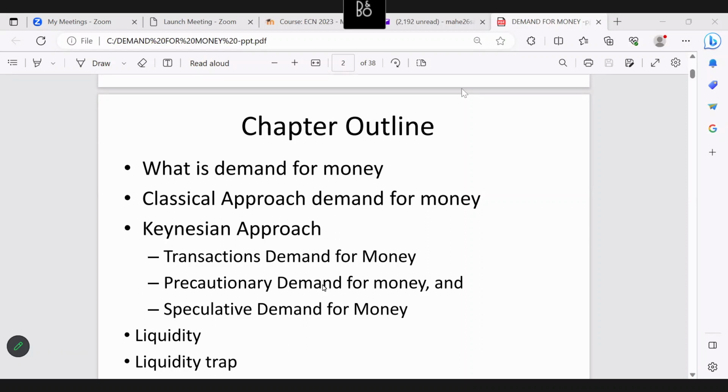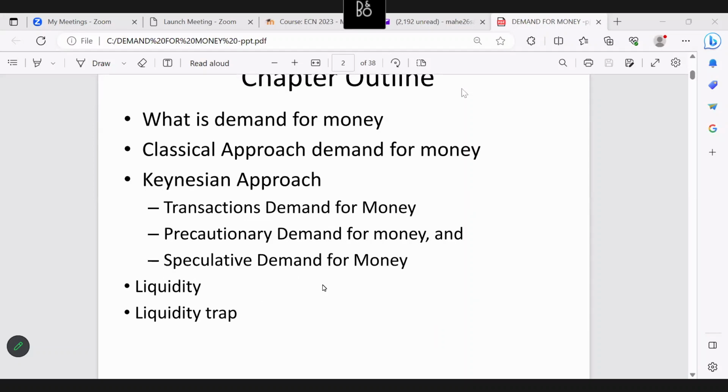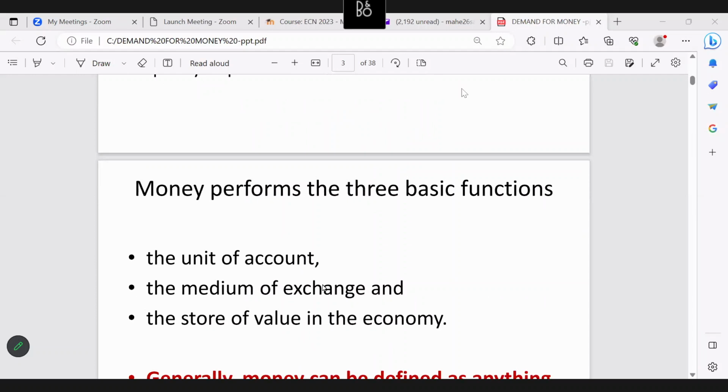Money performs functions: the first is unit of account, second is medium of exchange, and third is store of value in the economy. What is unit of account? We want to calculate accounting or measurement. Money gives the accounting unit.